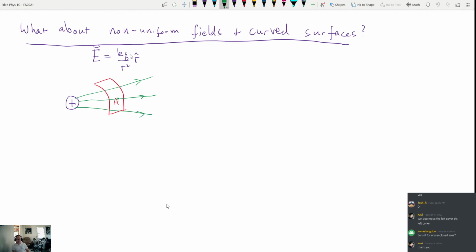And now what you have to do is at every point on your surface, you have to draw a tiny little area vector. And that area vector we call dA. We say it's going to point perpendicular to the surface. And then you have to look at the angle between the two of them and say the flux through that little piece would be E dot dA.